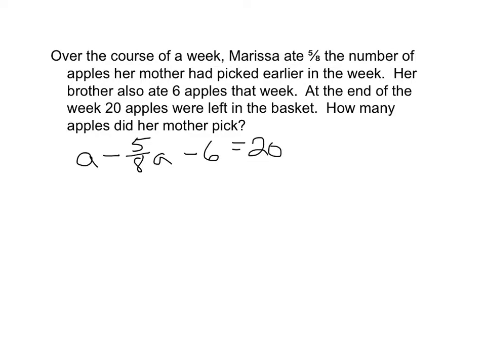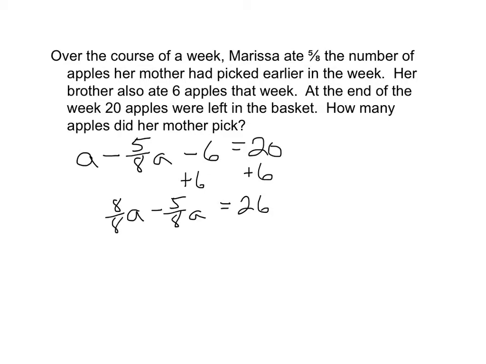So if we work backwards, assuming the brother ate his 6 last, go ahead and add 6 to both sides. So we have the number of apples that she picked minus the 5/8 of the apples that Marissa ate is equal to 26. Now here, this is really 1 times the number of apples, or if we're looking at common denominators, this is actually 8/8.